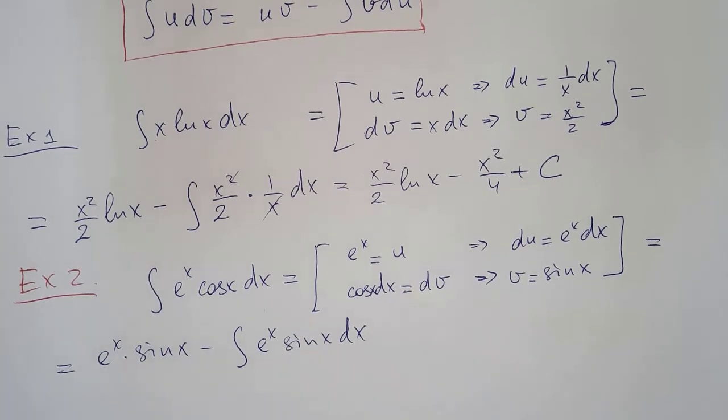But now we will do it one more time. If we do it one more time, we get the given one, e to the power of x cosine x, and then we can find the value of our integral with an equation.